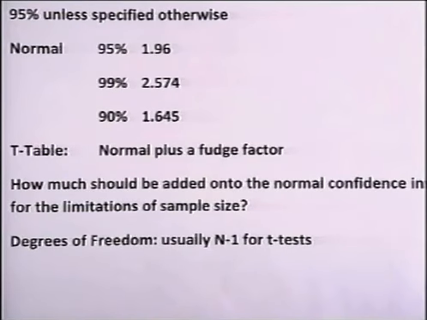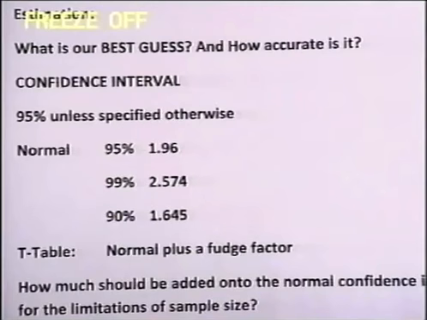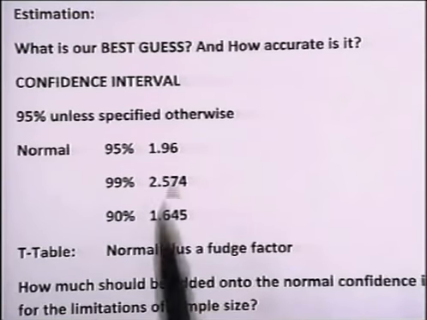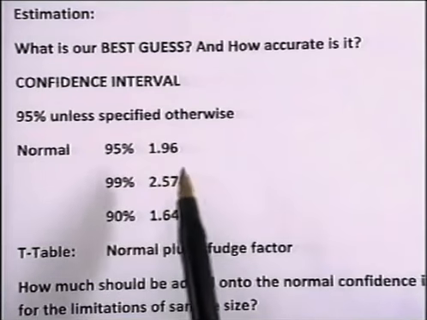And so let's run through that again, okay? So your mean plus or minus the margin of error. So if you have a normally distributed population and you want 95% in the middle, you have to use 1.96.